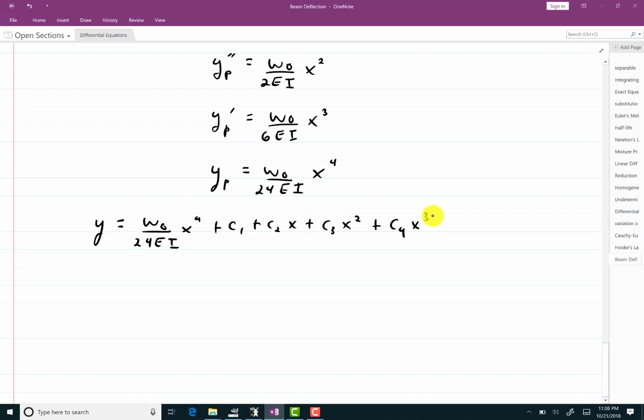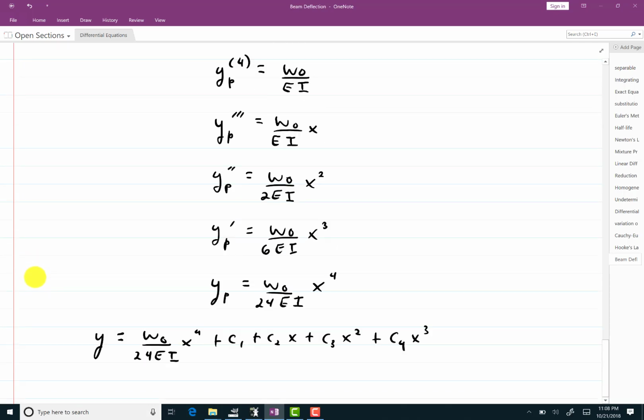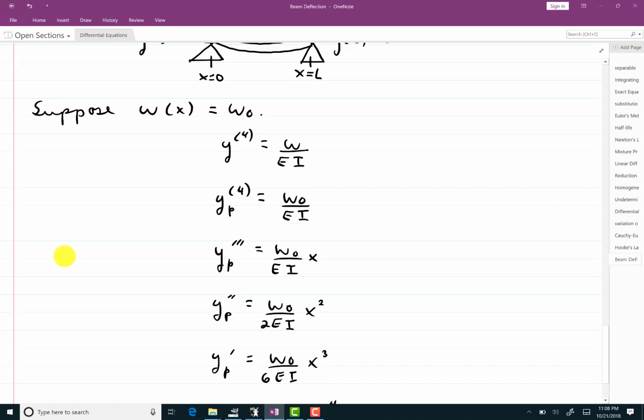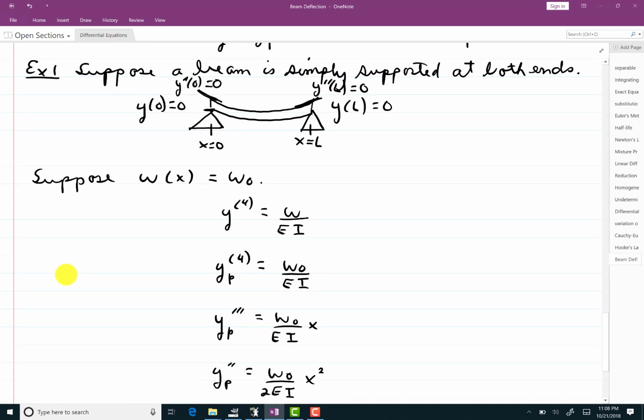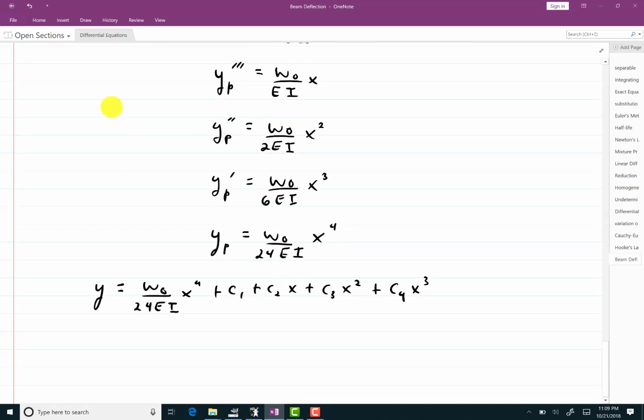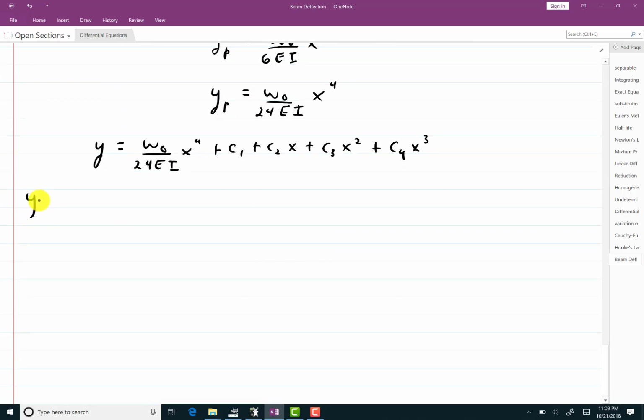Now this is where we look at the boundary conditions. Let me scroll back up for a second. The easiest ones to work with are these things. Let me start with y of 0 equals 0 and see what we get out of that. So if I plug that in, all the x terms will disappear, and this is gone, and all of these are gone.